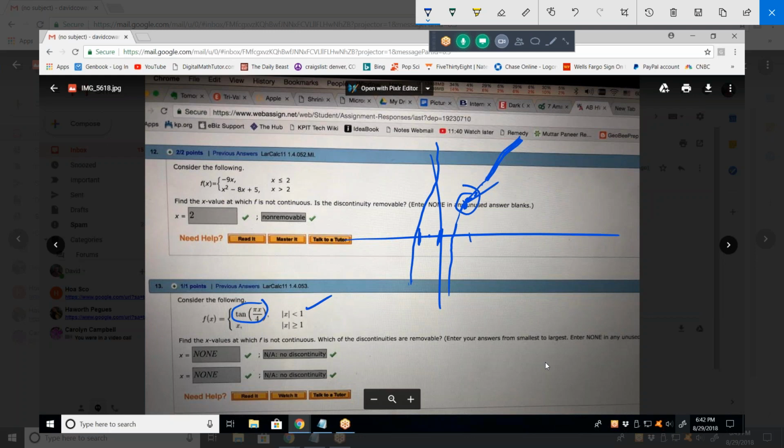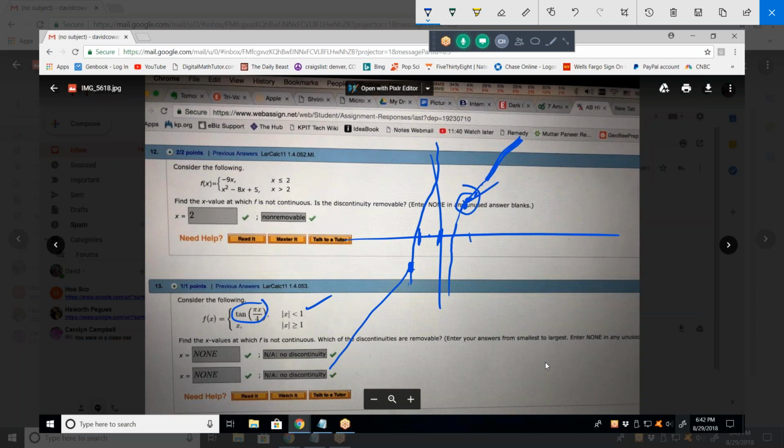And then if x is negative but greater than 1, which means like negative 2, it's a straight line with a slope of 1. But either way, there's no discontinuity, so none of them are removable either.